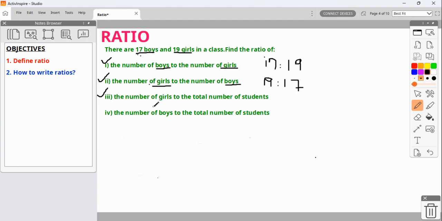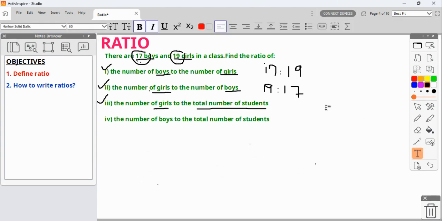The number of girls to the total number of students. Now in this question, the first quantity is the number of girls and the second quantity is the total number of students. So you can see here, there are 17 boys and 19 girls. So how many total students will be there? You can find the total number of students.